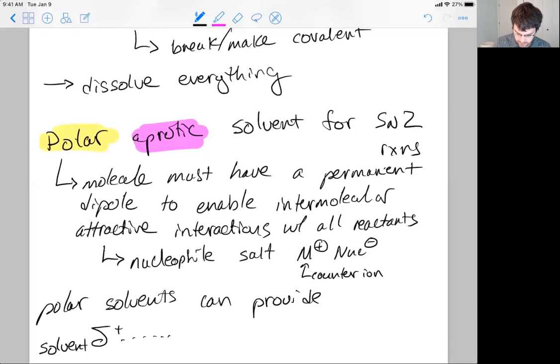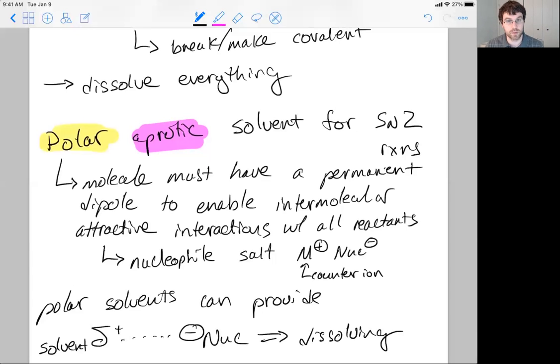They can interact productively with the negative charge on the nucleophile, and that enables dissolving. If you don't have a permanent dipole, then you don't have permanent spots where you have delta pluses and delta minuses, and it's those delta minuses that are so critical for interacting productively with the nucleophile.